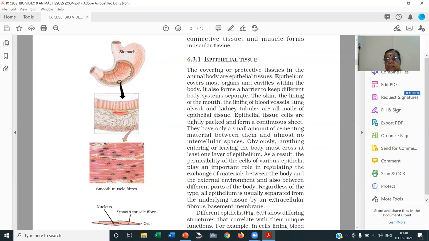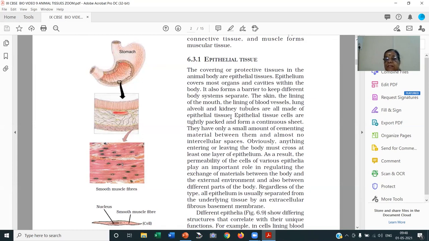Underline this: it also forms a barrier to keep different body systems separate. The skin, lining of the mouth, lining of blood vessels, lung alveoli, and kidney tubules are all made of epithelial tissues. Kidney tubules, here it is the nephron. Underline this.